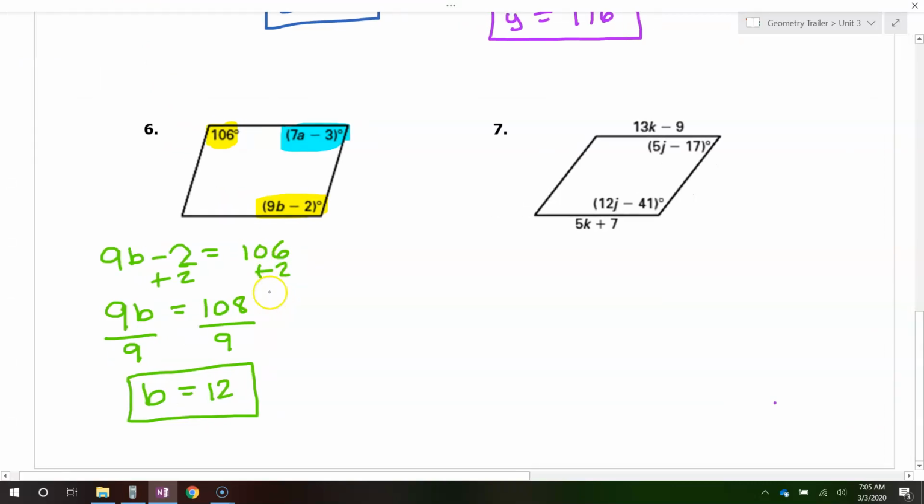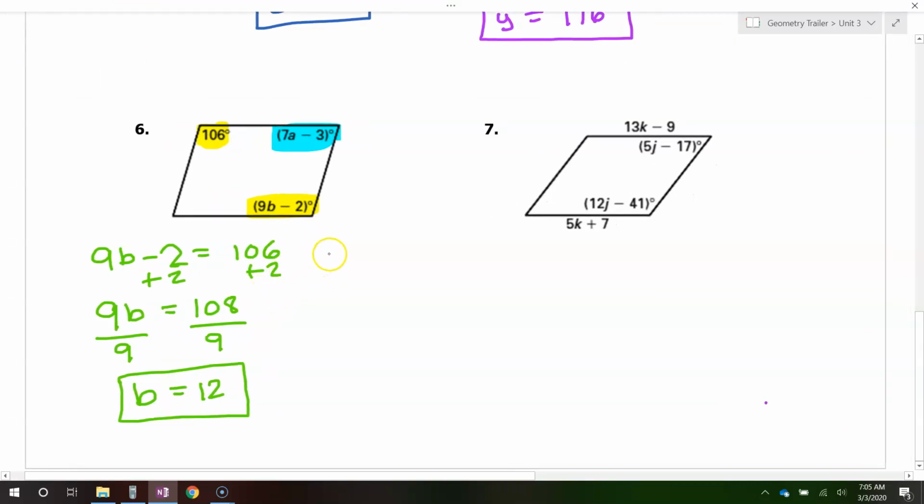So that's going to look like this. We will say 7a minus 3 plus 106 is equal to 180, right? These two angles are supplementary.